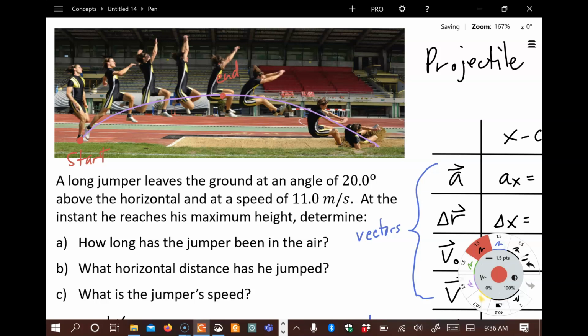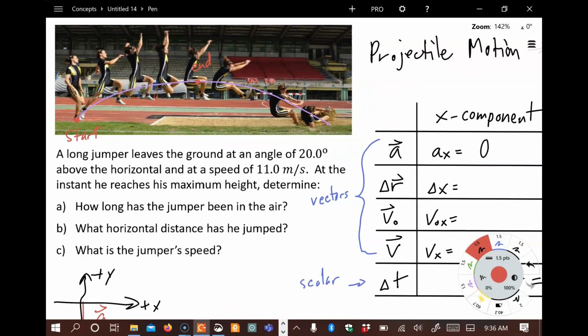Now we want to draw some of these other vectors on the picture, like v initial, for example. The initial velocity is a vector that's always tangent, that is aligned with the curve at any particular spot, and the initial velocity goes with the start position. So there's your v initial vector. And the final velocity, right, that's the instantaneous velocity at the end point.